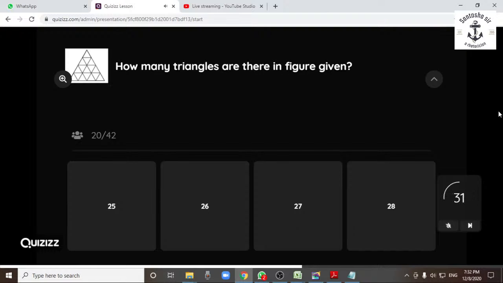Only 20 members answered out of 42 participants. 25 seconds more. How many triangles are there in the given figure? Last 10 seconds, only 25 members answered out of 43 participants.